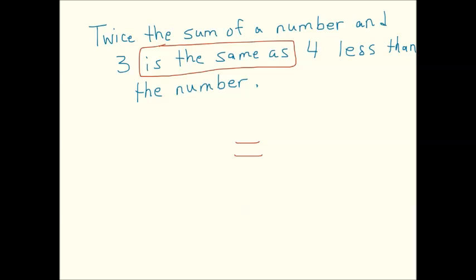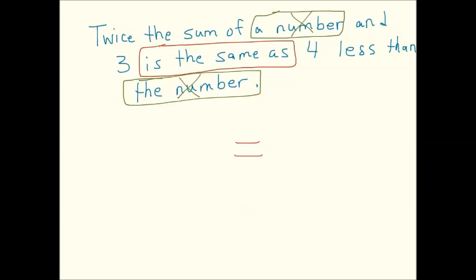The second thing you want to do is find the variables. So anytime you see a number or the number, you're going to just take that and replace it with a variable, and we'll just use x for both of those. You're only going to have one variable in each one of these equations, so don't make one x and the other one y. They're both the same variable because it's referencing that same number both times.